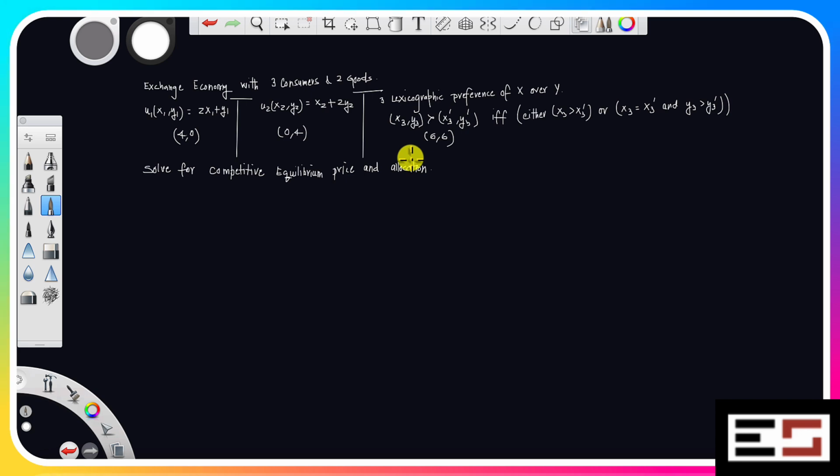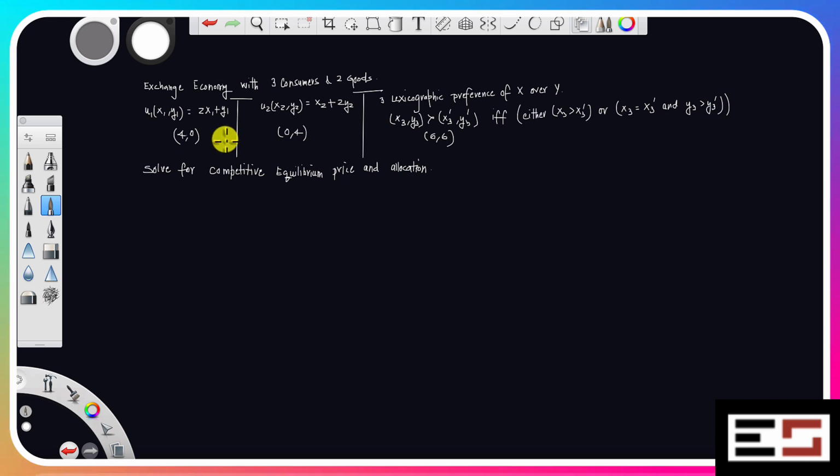So we can straight away rule out the possibility of zero prices. The reason is the kind of preferences the three consumers have. If any commodity has zero price, then that commodity will be demanded in infinite quantity by the three consumers, and will also be affordable, but the availability is finite, so that cannot be a competitive equilibrium, because there will always be an excess demand for such a commodity.